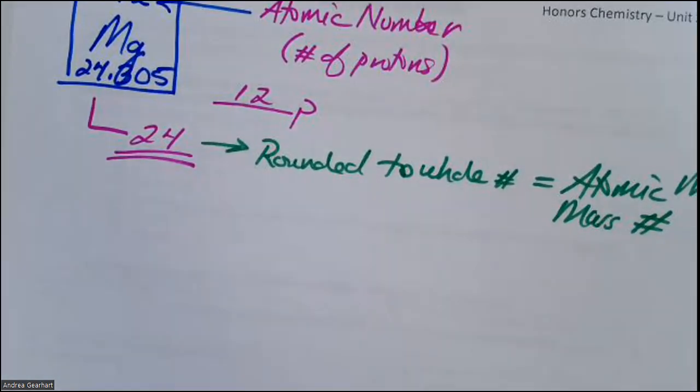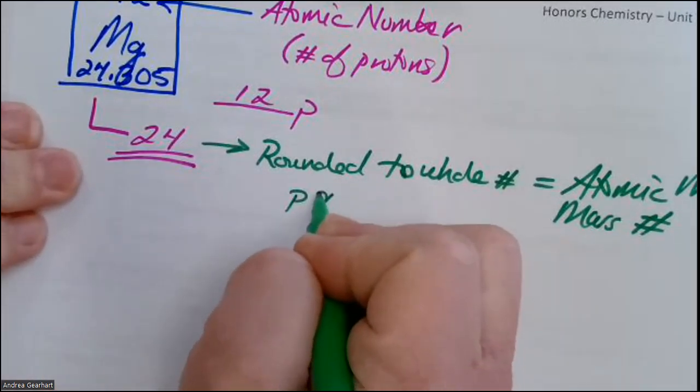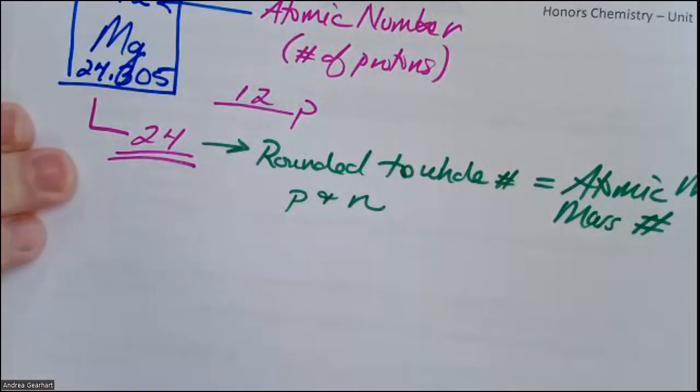So the video reminded you, we talked about the mass of an atom coming from protons, neutrons, and electrons. But the electrons are so tiny in their mass, we count them, but they don't impact the value. So really the mass is due to the protons and the neutrons.